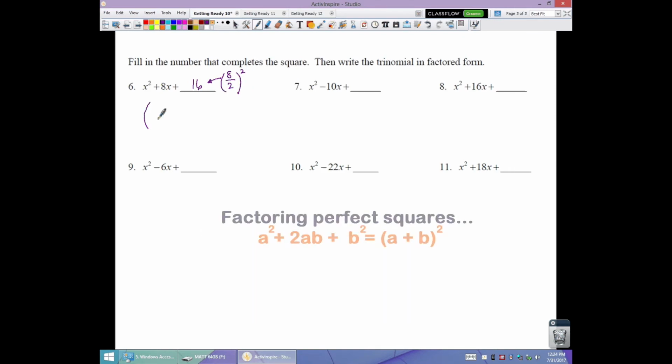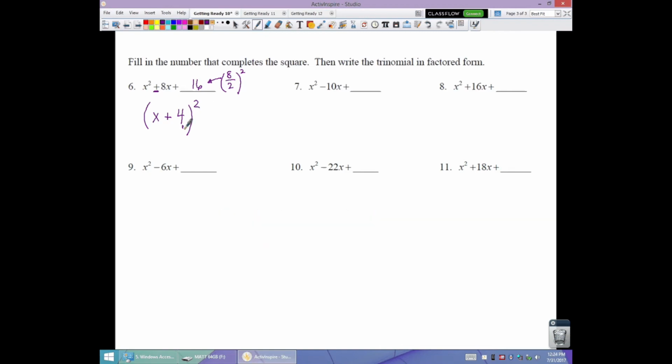All right, in factored form, this is x, it's plus, because that middle term is positive, plus just the square root of the 16, or half of the 8. Whatever way you want to think of it, they both have to be true. Okay, and that 4 is because that's 8 over 2.